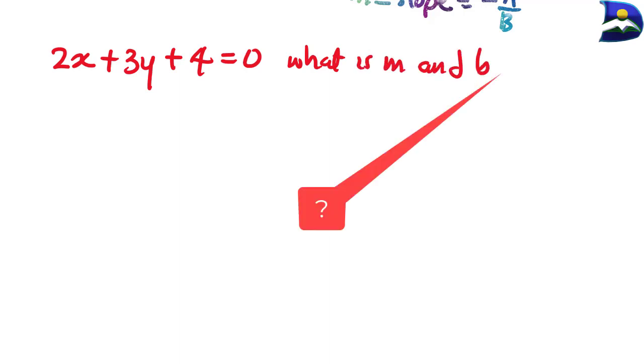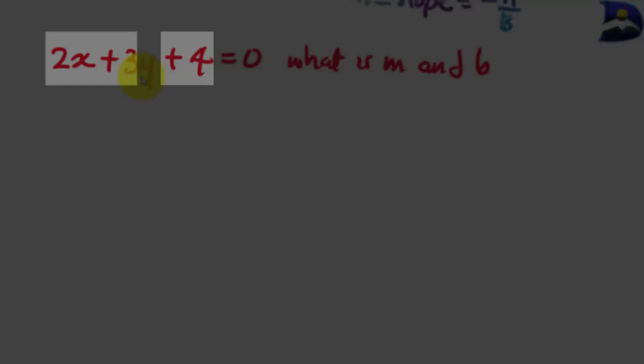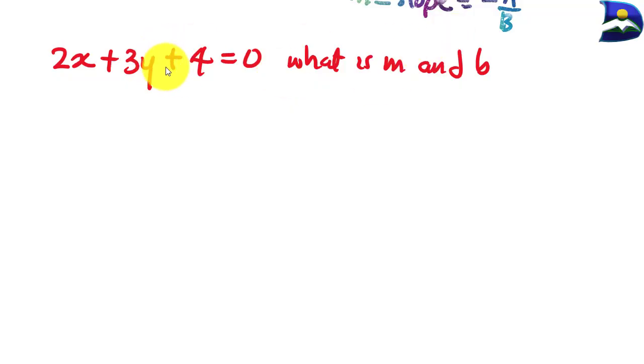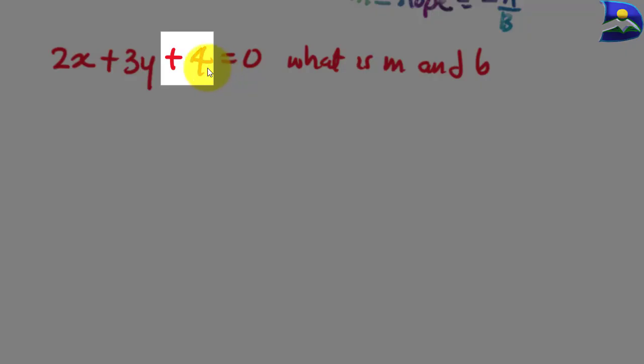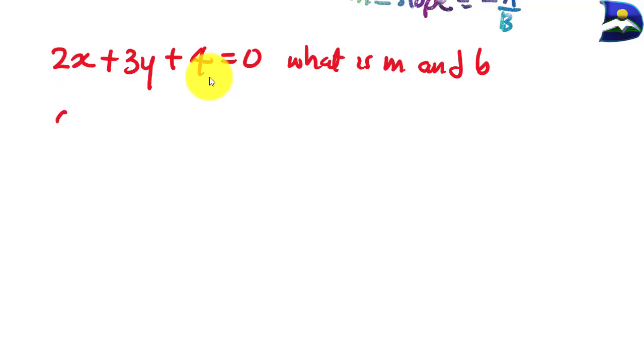We need to rearrange this equation, moving everything that is not y to the other side of the equal sign. First, we move our positive 4 to the other side, subtracting 4 from both sides, and that results in 2x plus 3y is equal to negative 4.